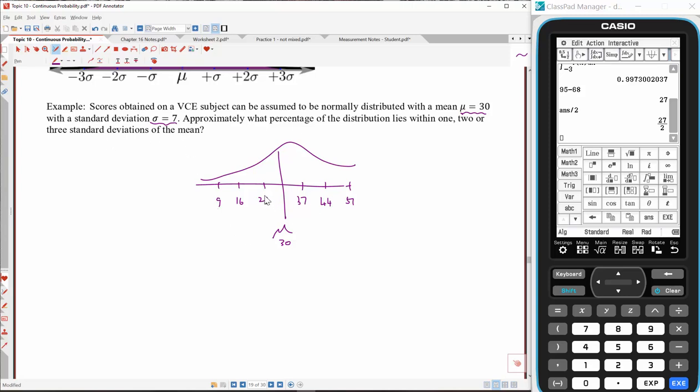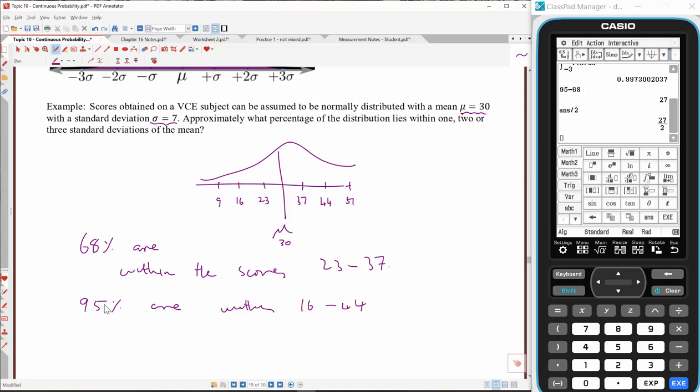mean? Right, so 68% are within the scores 23 to 37. That covers 68% of the cohort, between 23 and 37. 95% of the cohort are within 16 to 44.